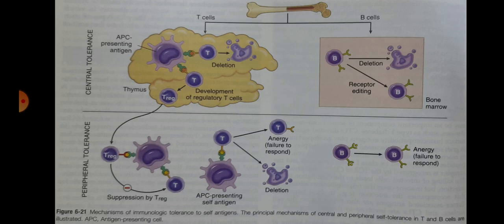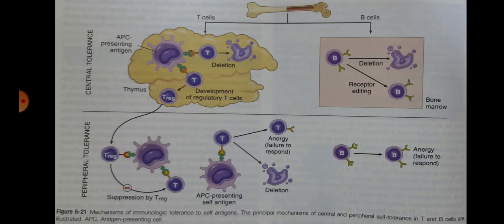A protein called AIRE, that is autoimmune regulator, stimulates expression of some peripheral tissue restricted self antigens in the thymus and is thus critical for deletion of immature T cells specific for these antigens.